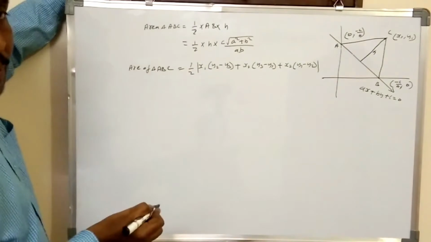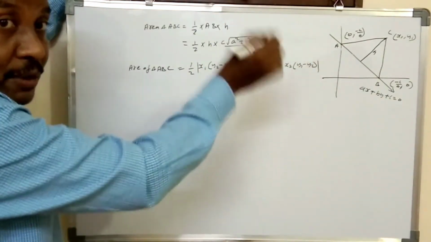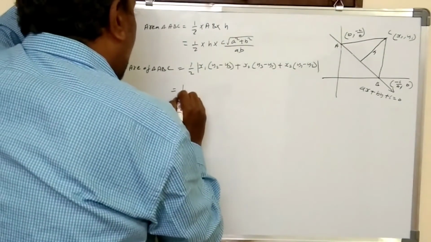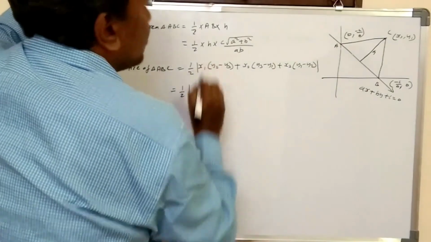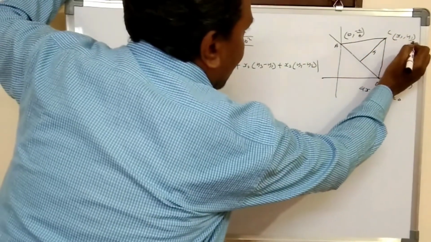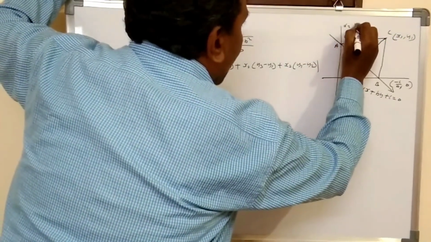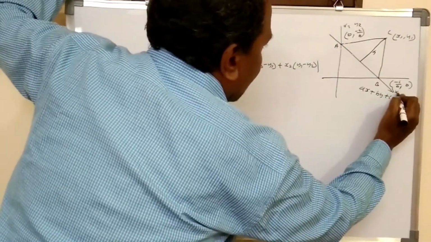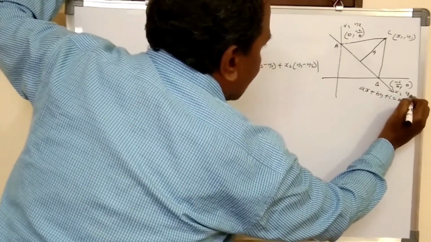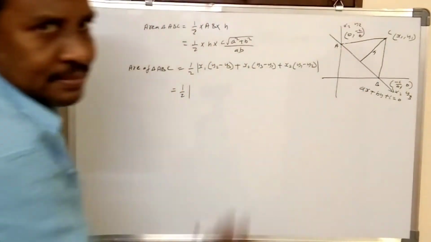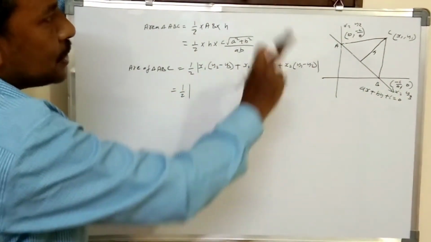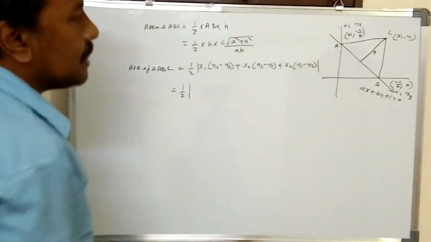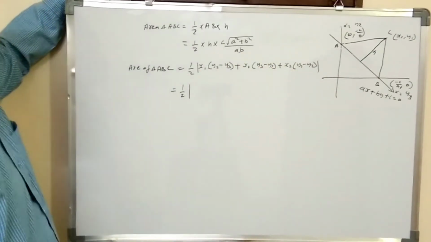So this is the formula for finding the area of a triangle whose 3 coordinates are given. Here this is x1 y1, this is x2 y2 and this is x3 y3. Okay, x2 y2 is 0 comma minus c by b, x3 y3 is minus c by a comma 0.